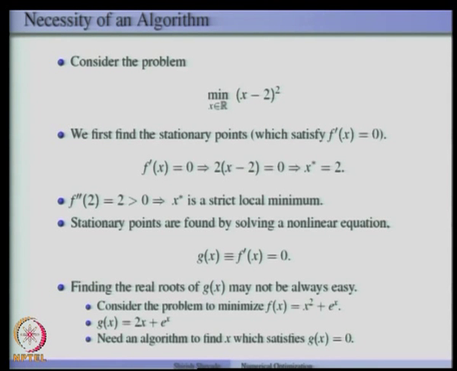We will see those things in the next class. In the next class, we will look at some algorithms to solve the problem of the type f dash x equal to 0 or finding the minimum of the function f of x without resorting to any derivative information. Those are called the derivative free methods, and the methods which use derivatives are derivative based methods.